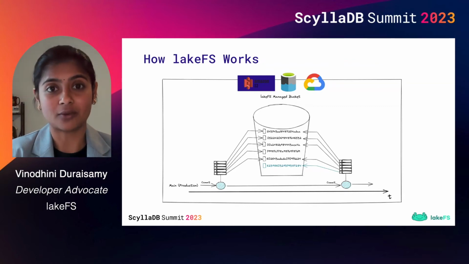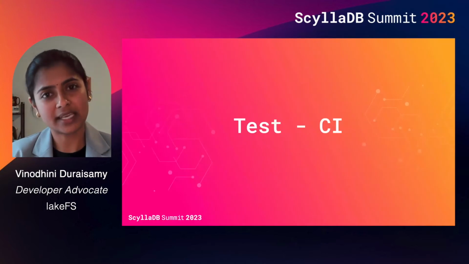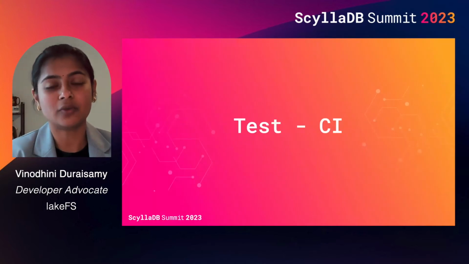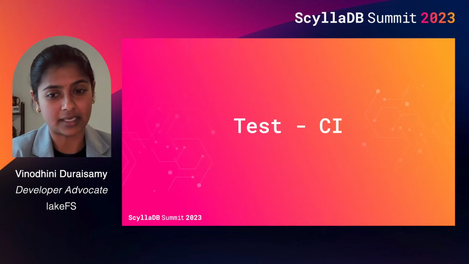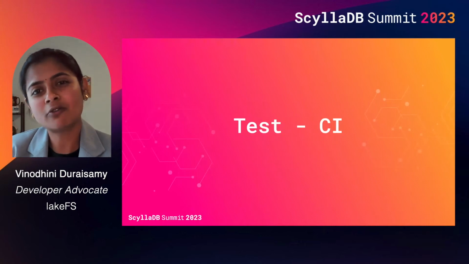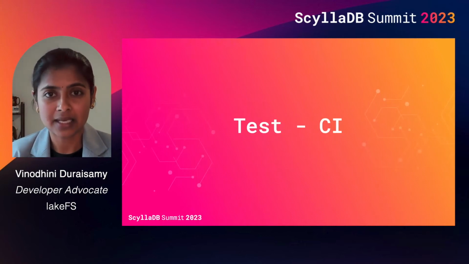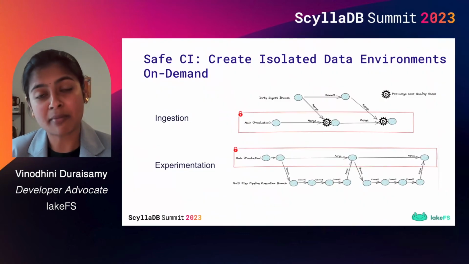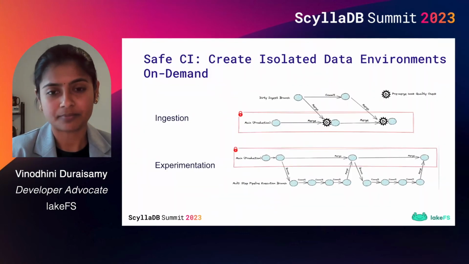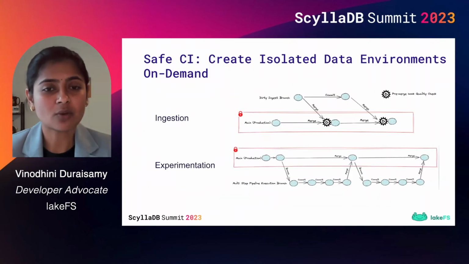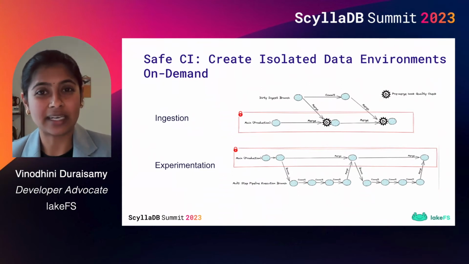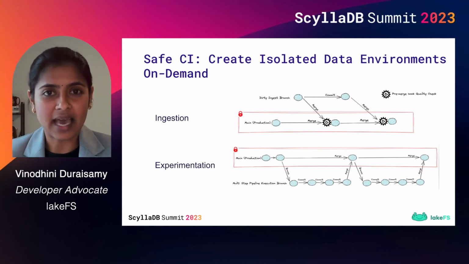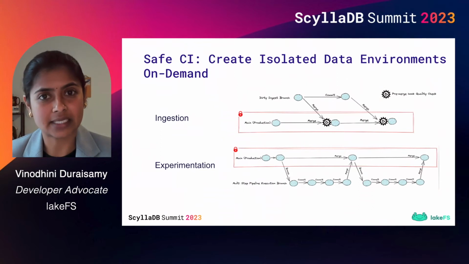This is interesting, right? Now, for the next phase, we only talked about how do we enable versioning for your data lake. The next thing is about how do we run integration tests on an automated, on-demand test data environment. Now, lakeFS also offers this feature called lakeFS hooks, and using that, you can have the CI tests run.